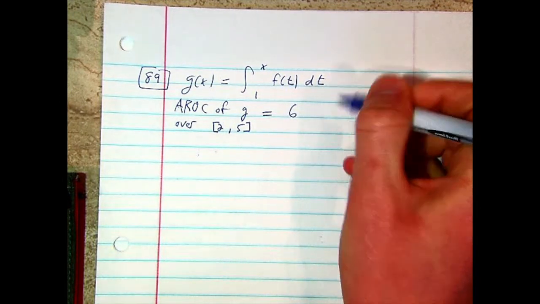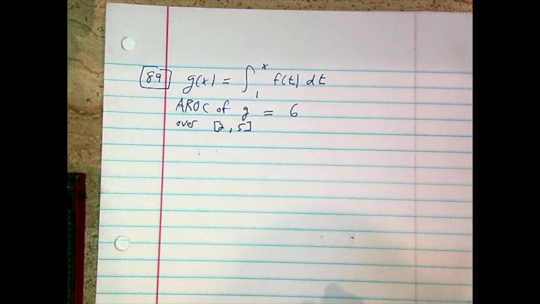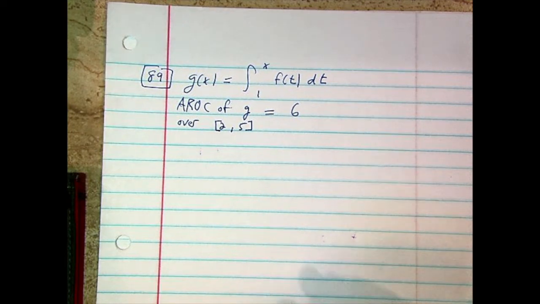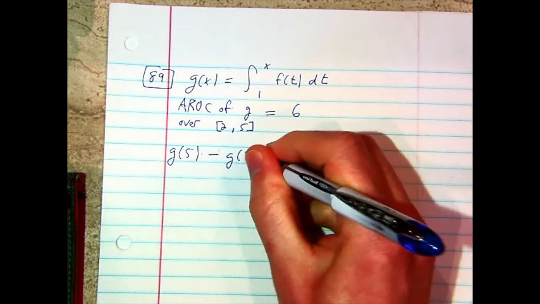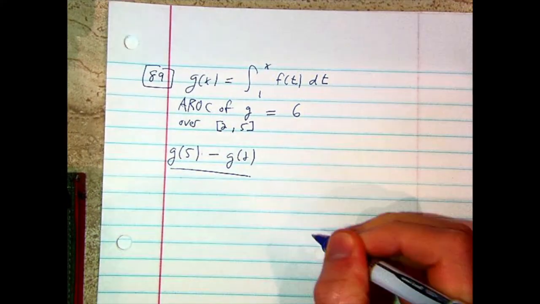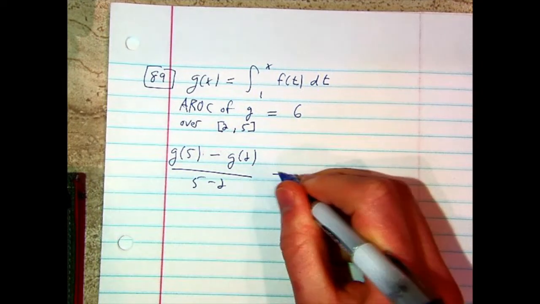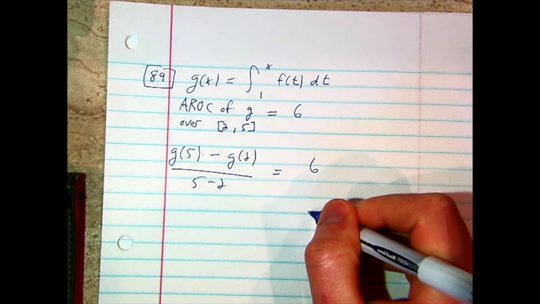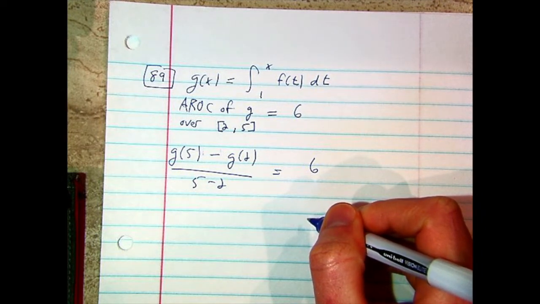Okay, well, let's think about what that actually means. The average rate of change of g is going to be given by g of 5 minus g of 2 all over 5 minus 2, which has to be equal to 6. Okay. So that is what we're being told.